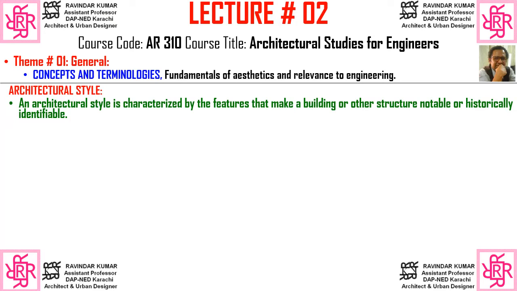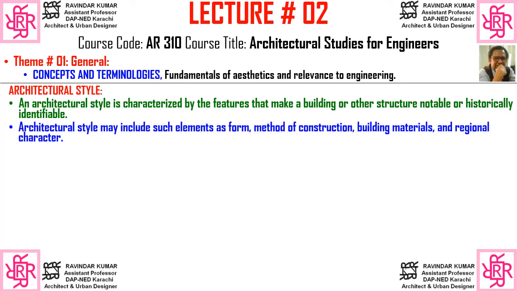An architectural style is characterized by the features that make a building or other structure notable or historically identifiable. Architectural style may include such elements as form of the building, the method of construction, building materials, and the regional characteristics of the building.